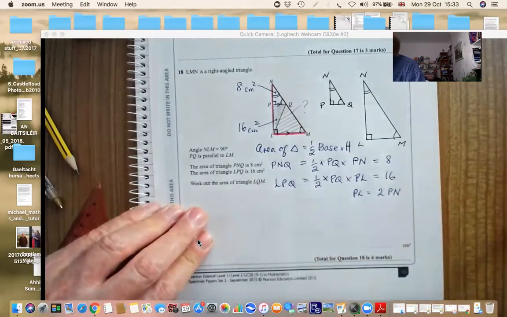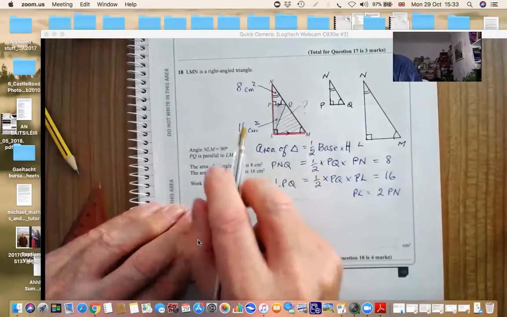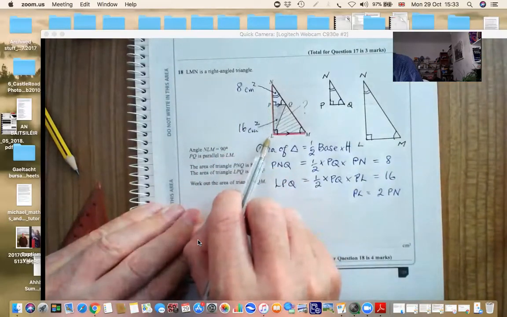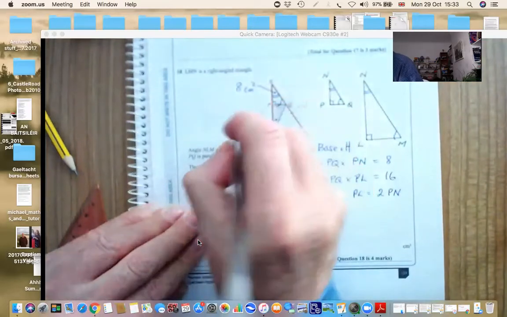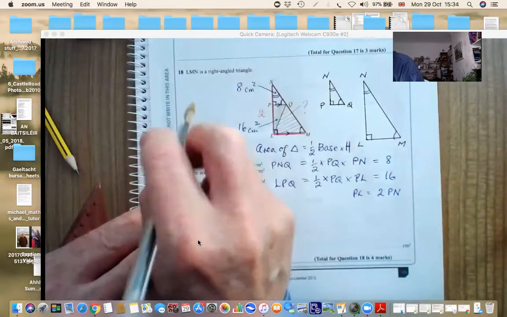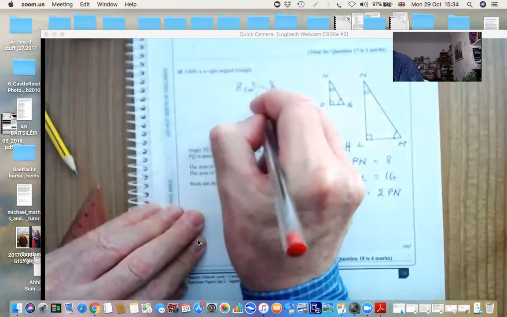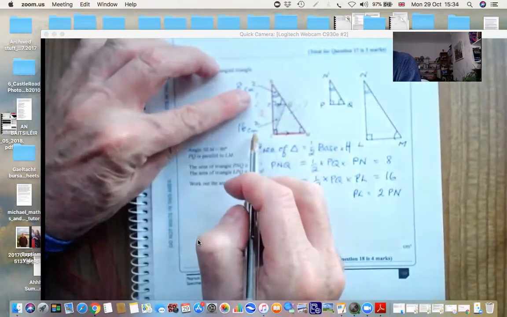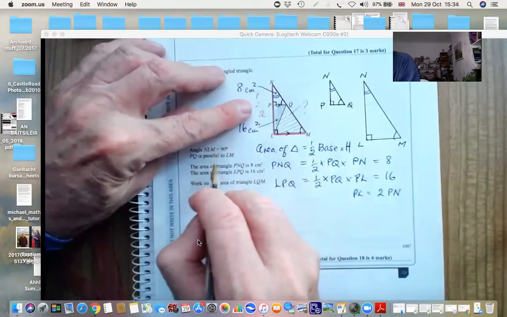So going to our diagram, we see PL is 2 if PN is 1, so PN is in the ratio of 1 to 2. So these two bits of the little triangles are in the ratio 1 to 2.